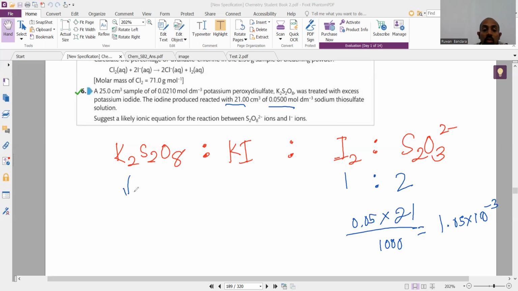And here the moles, the same number of moles.